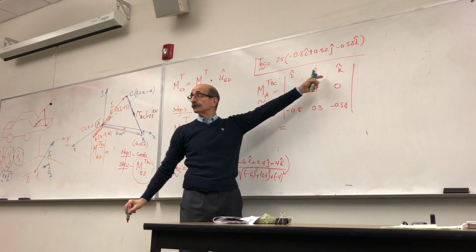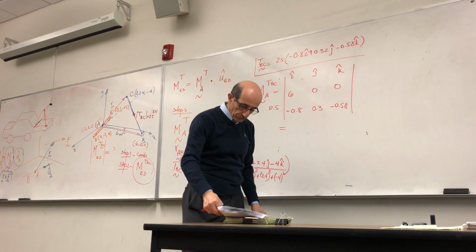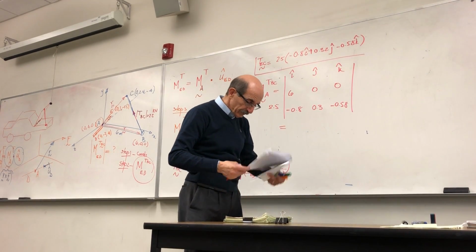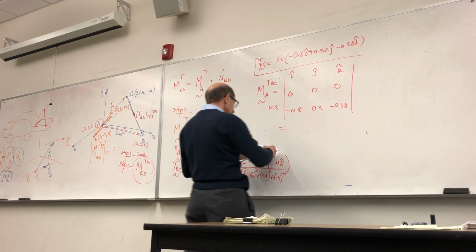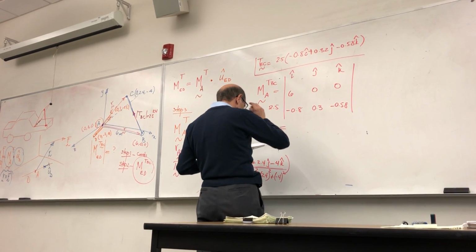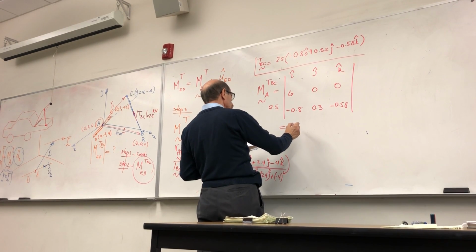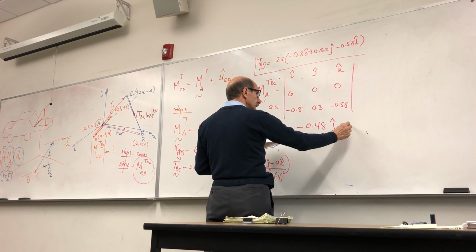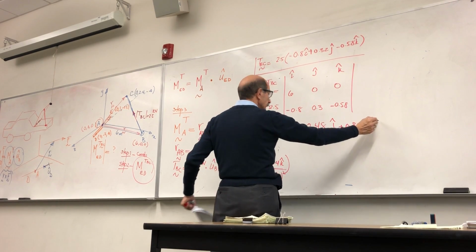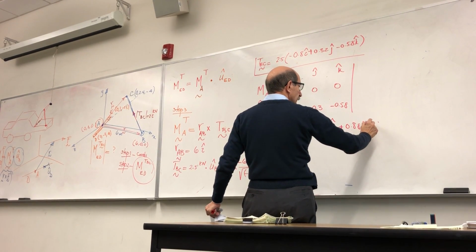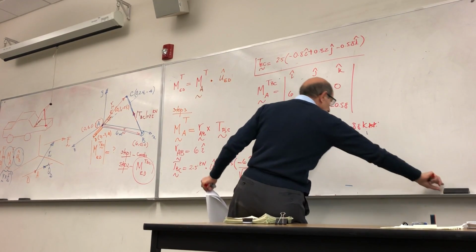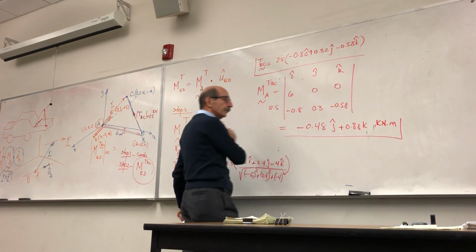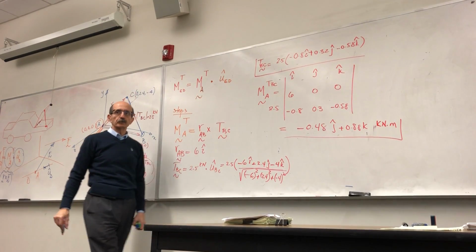Again, if you expand it according to the first row, that will be simplified, and you will get this very nice vector that would be negative 0.48 J plus 0.88 K kilonewton meter. Okay, that's the moment of this force about point A.